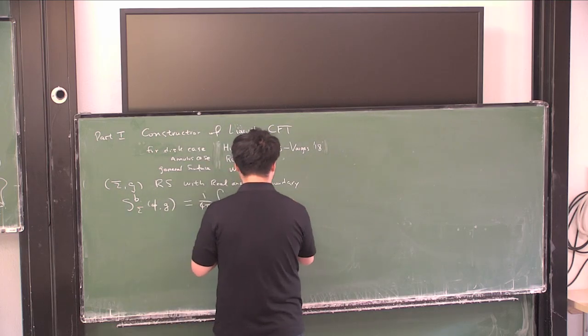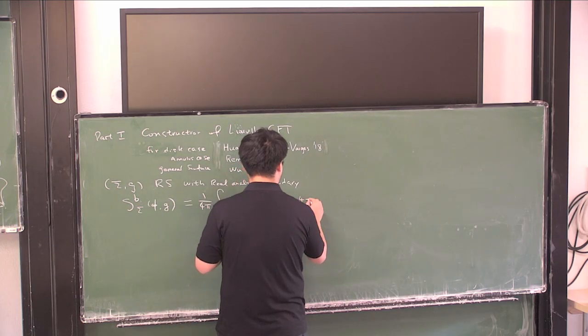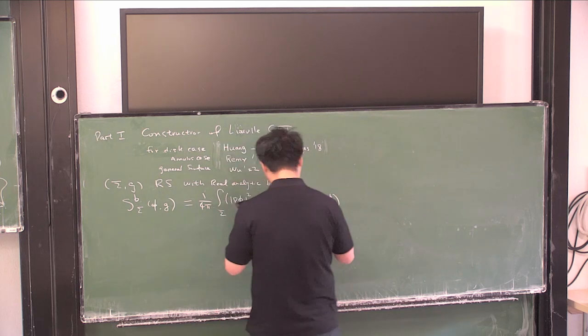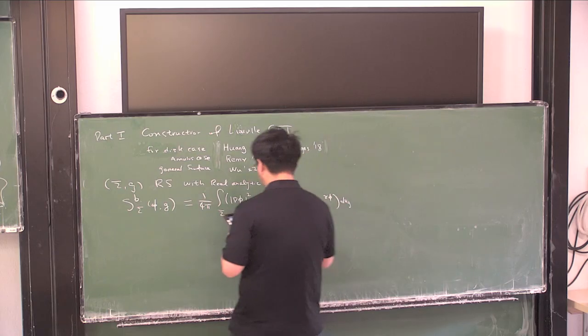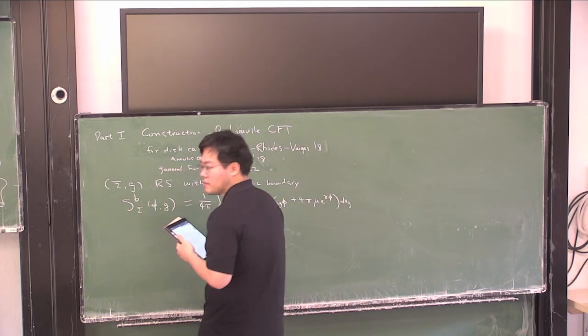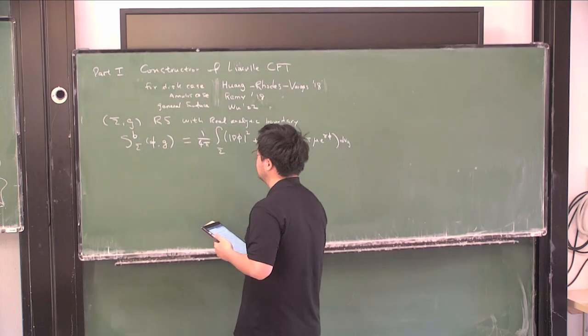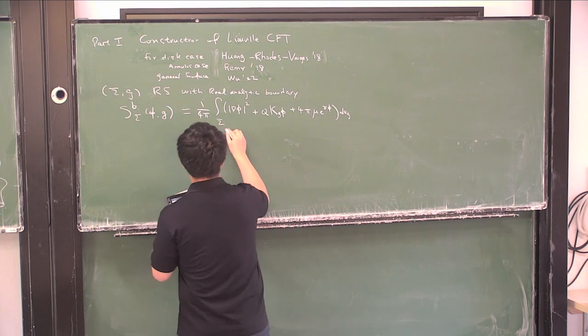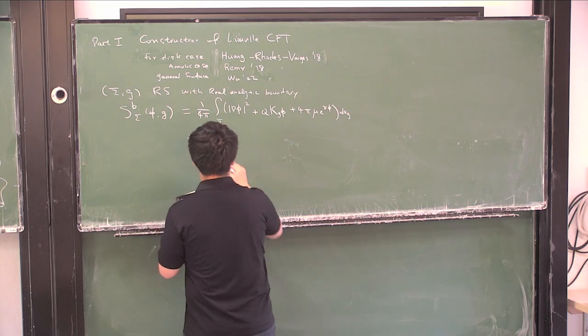K is the Ricci curvature, and there is an additional boundary term.